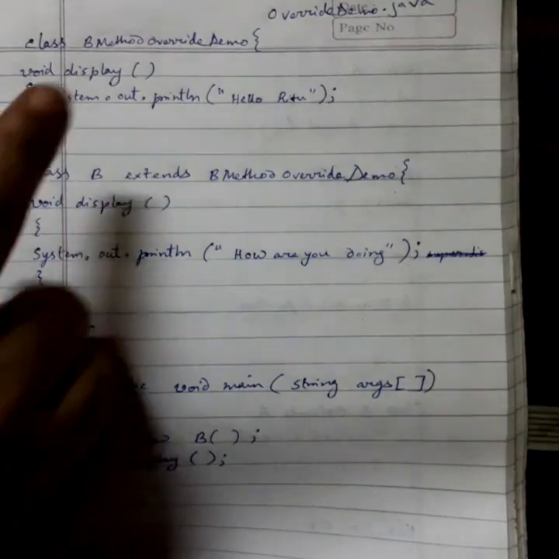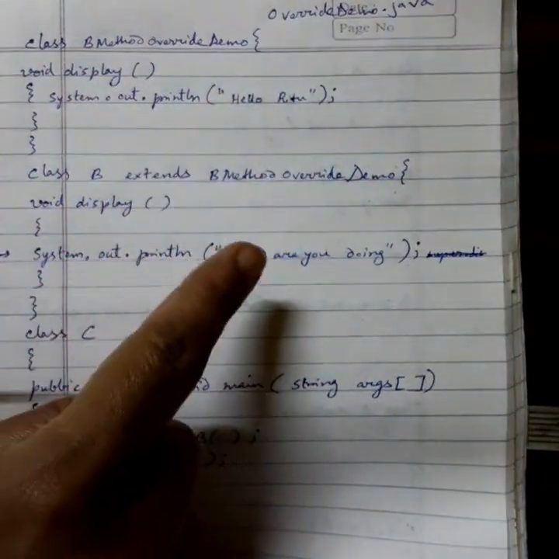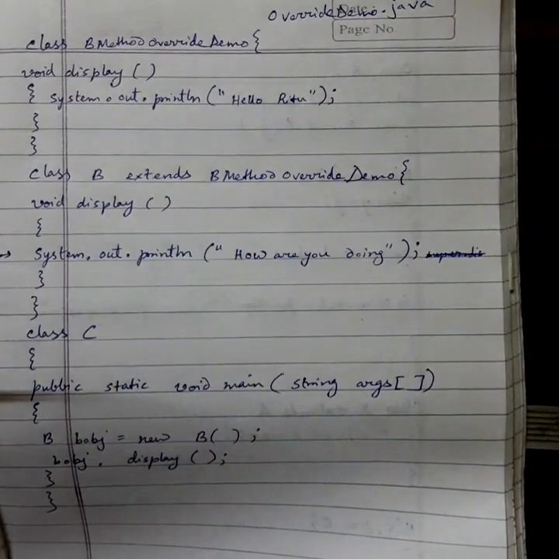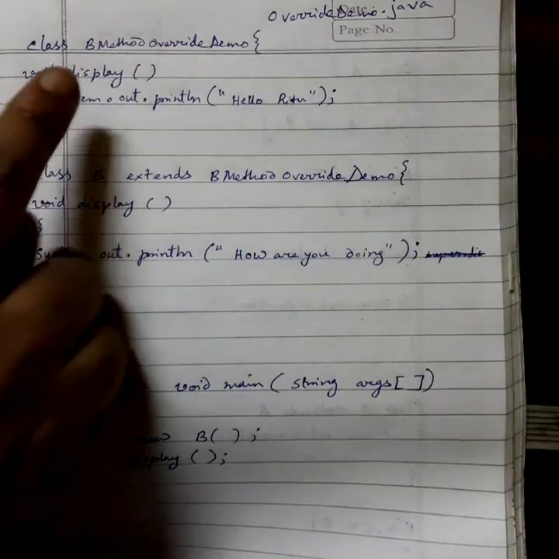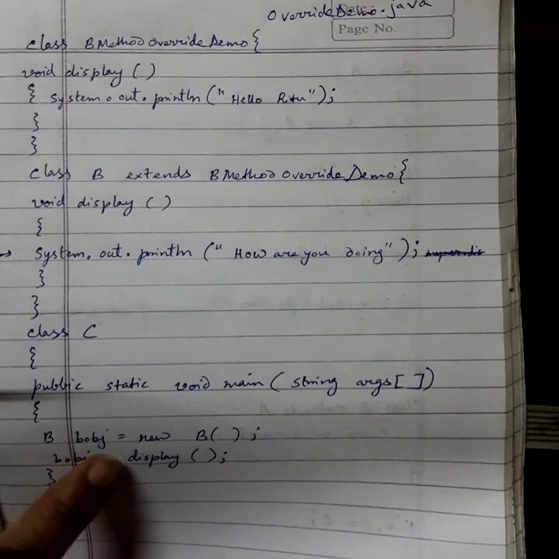Now how do we print this statement also? After this, it is possible that we create an object of BMethodOverrideDemo here and get it displayed.